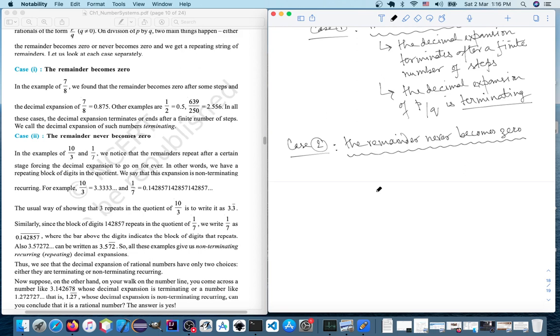So the decimal expansion never ends. Also, what do we see? Remainders repeat themselves.